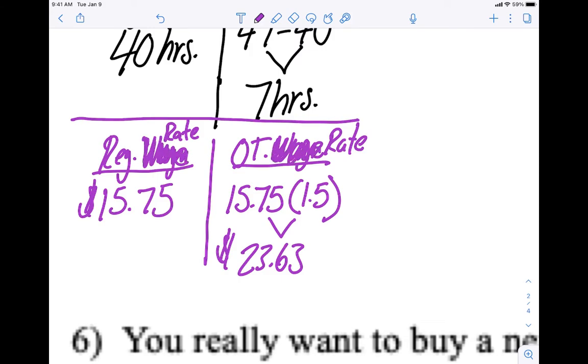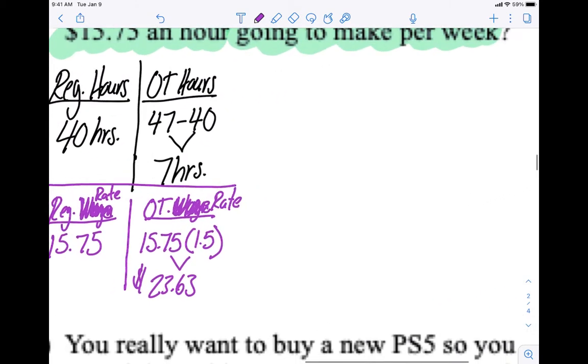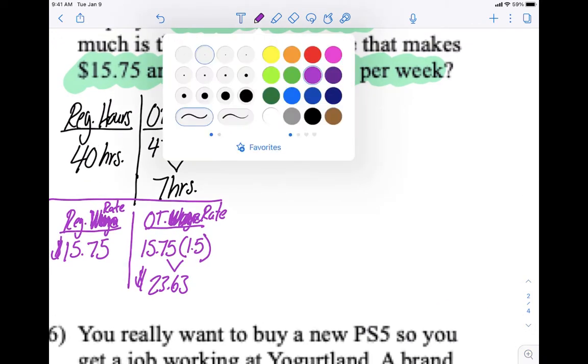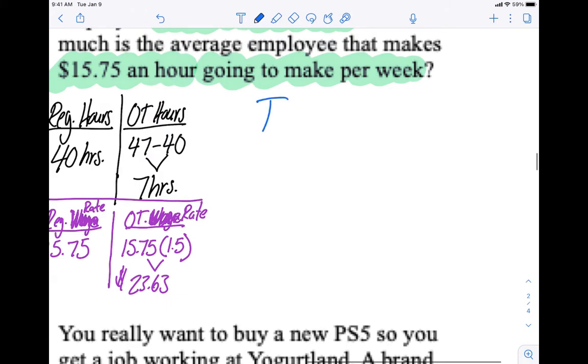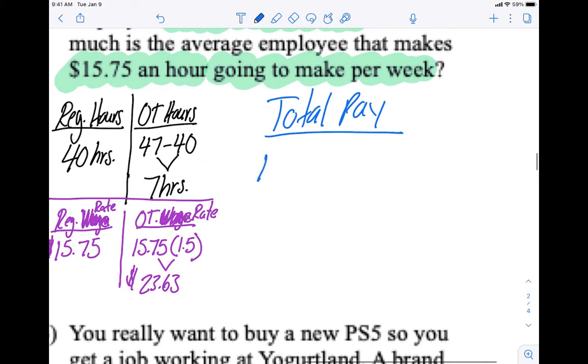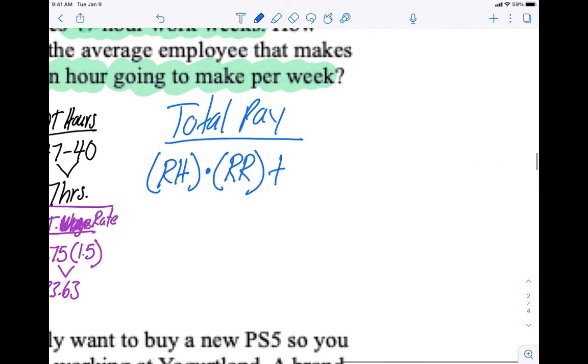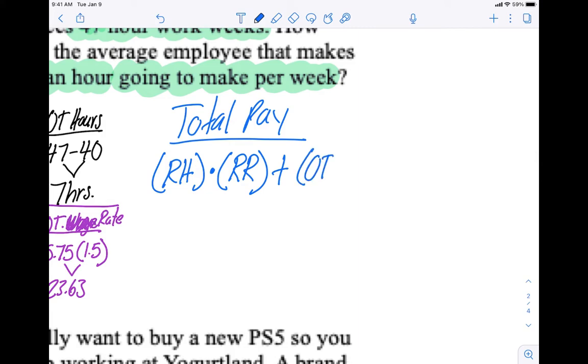Don't do that. Okay, to find the total pay, we're going to multiply regular hours times regular rate, plus overtime hours times overtime rate.